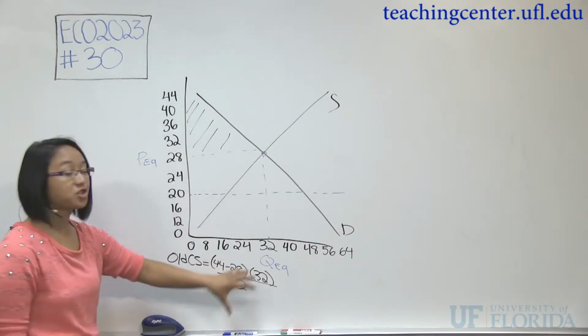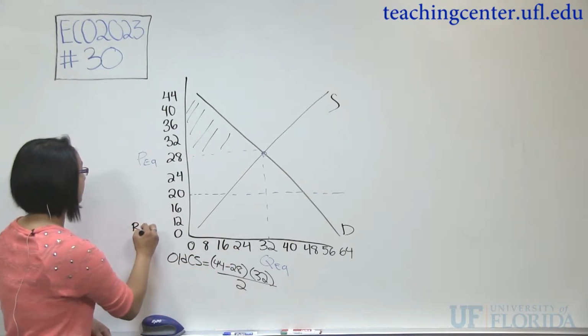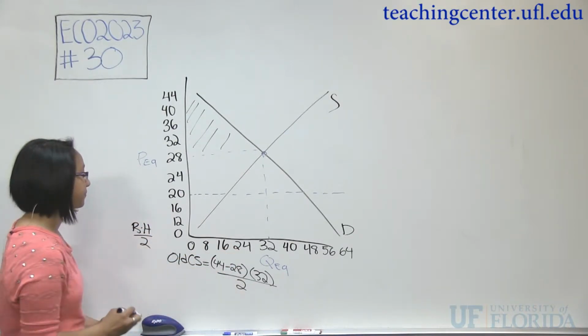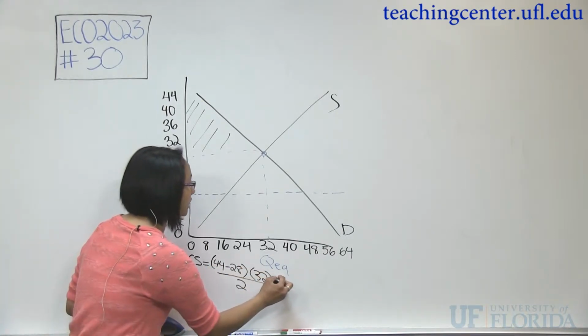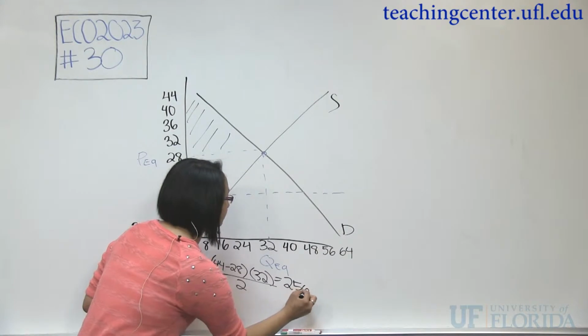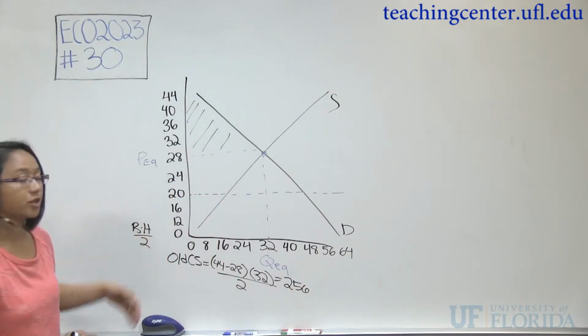And what this is, it's just your triangle equation. It's base times height over 2. So we have 44 minus 28 times 32 over 2, and that equals 256. So that's our old consumer surplus.